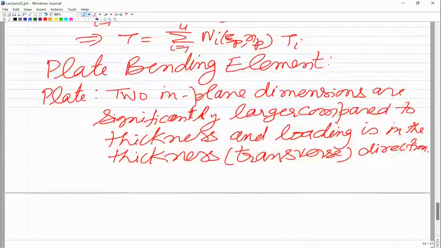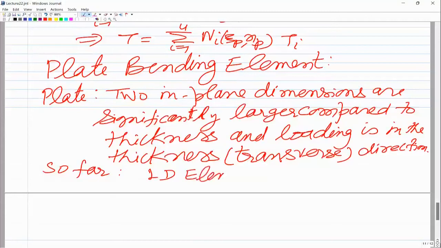Now if you look at the element library we have discussed so far, we have discussed 1D elements, where one dimension is significantly larger compared to the cross-sectional dimensions, like truss, beam and frame elements. So here one dimension is significantly larger along the length compared to the cross-sectional dimensions.